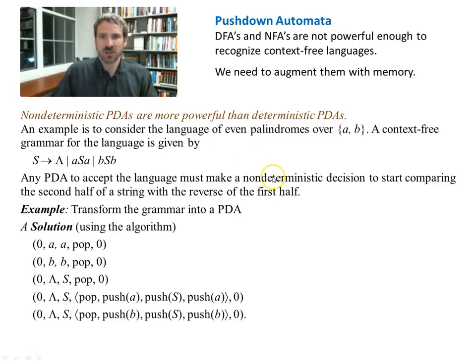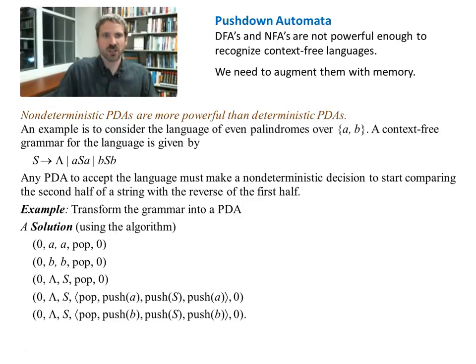And this is where the non-determinism is. We read in the A, then we read in another symbol, and we're both progressing on the sequence and also checking to see if we're at the halfway mark, because we don't know where the halfway mark will be.